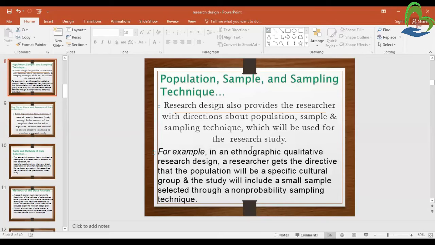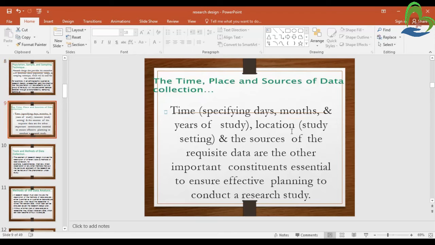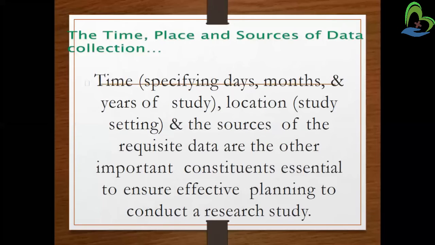So if we are doing any kind of qualitative ethnographic study, it can be the non-probability sampling technique because some might be participating, some might not, or we can choose in an odd or even way that cannot give an equal chance to everyone. So sampling techniques might be different depending on the type of study.